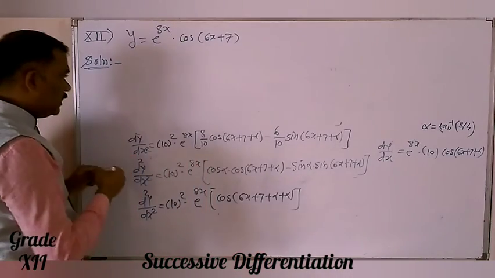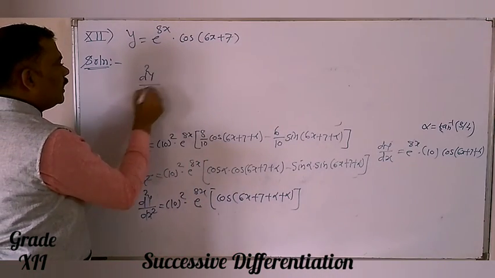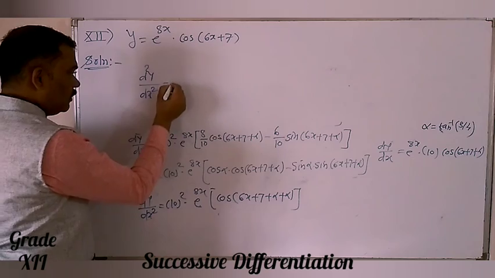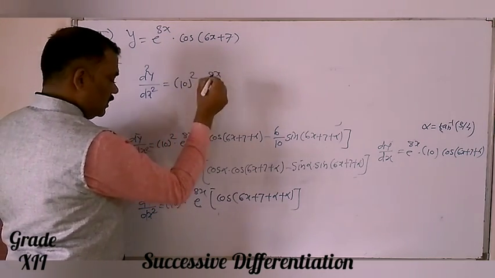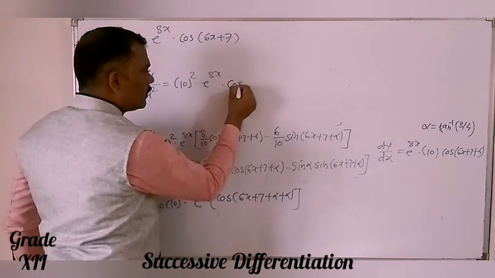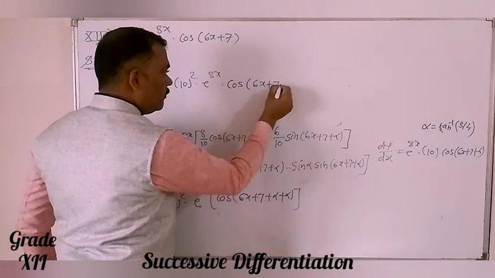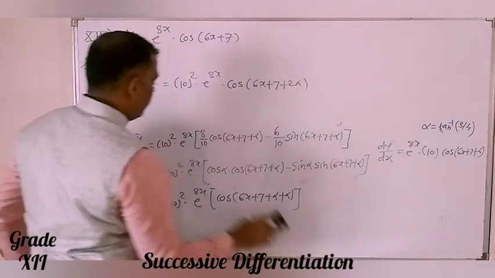So we get d2y by dx square is equal to 10 square into e raised to 8x into cos of 6x plus 7 plus 2 alpha.